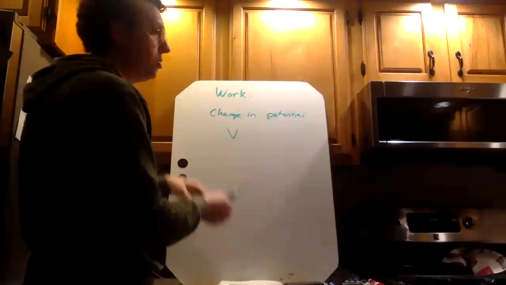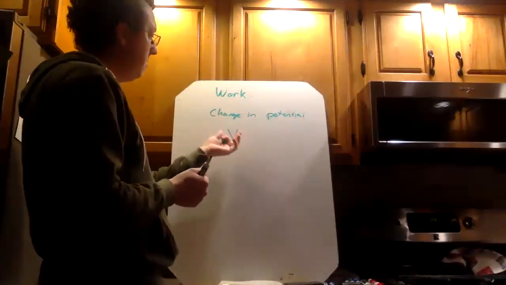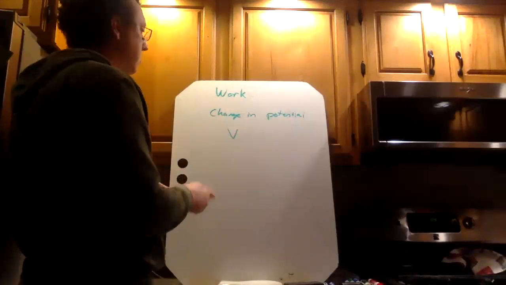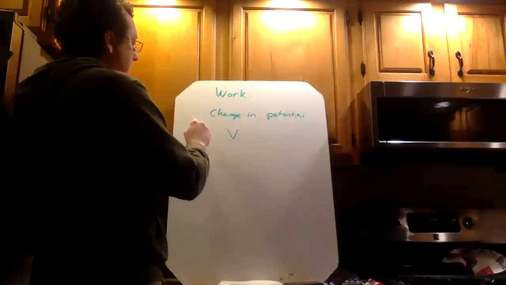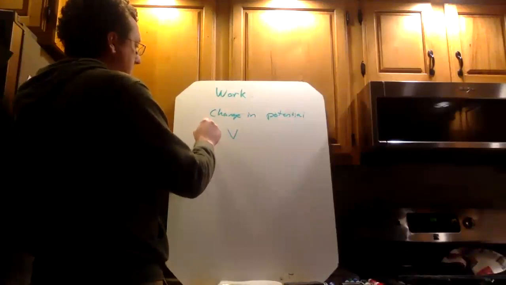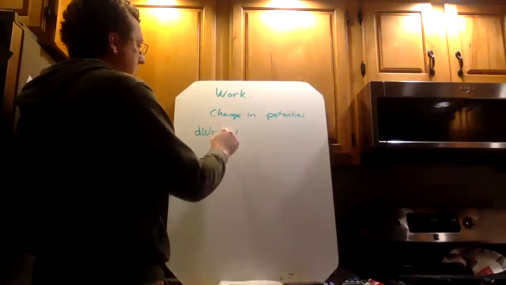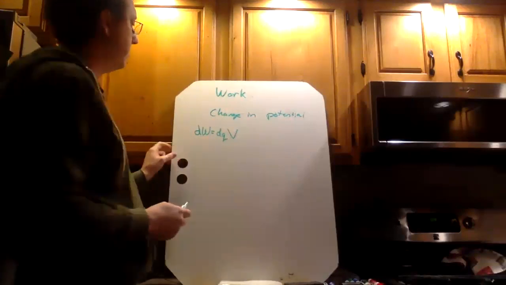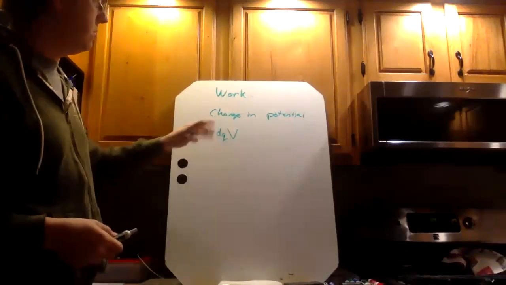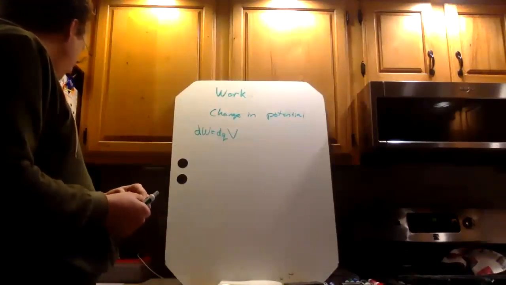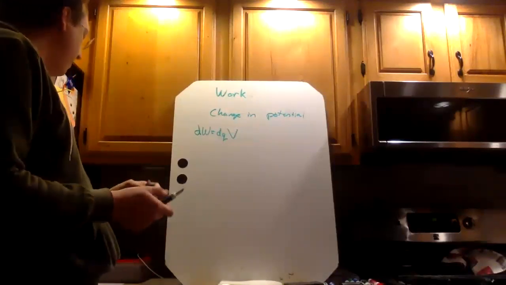If you push charges through a change of potential, then the work you do becomes the change in potential energy. So there's a little bit of work being done when I push a little bit of charge through a potential. It really looks like our potential energy formula.